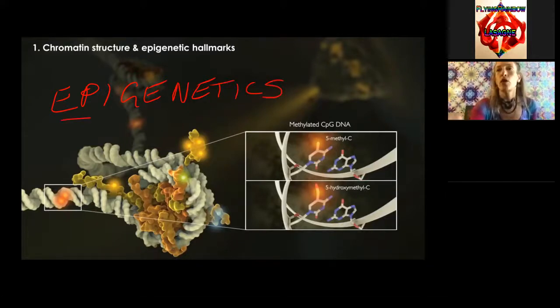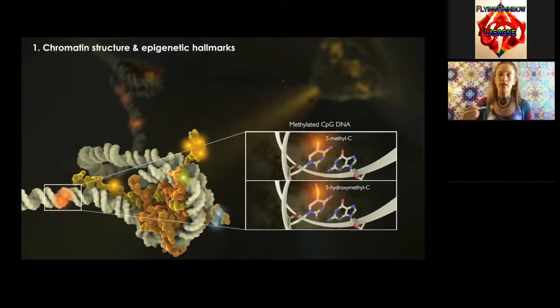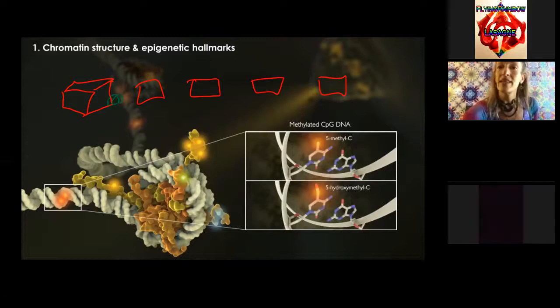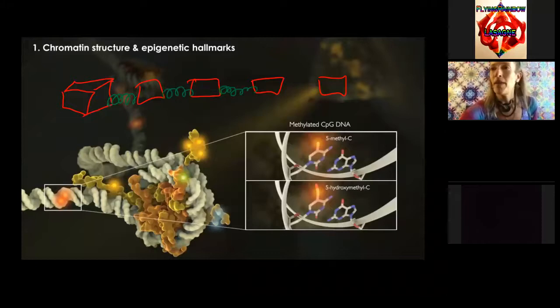Epigenetics means the code that rules the code, because genetics, our genetic code, determines not just the physical protein structures of our body, but also our experience of moving through time. I've drawn this before: here's a little box, and let's presume that all the rest of these are boxes, time cars of reality, and this green squiggle is like the integument that ties together each moment of time.